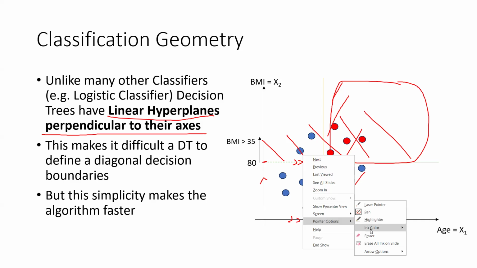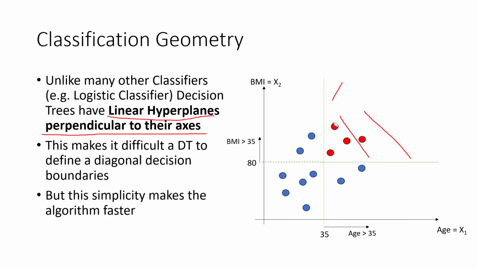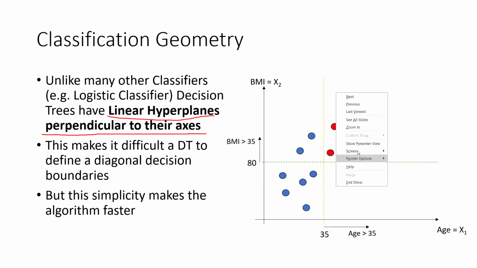So now let's think about why this was like that. When it comes to linear regression and logistic regression, you have different decision boundaries.